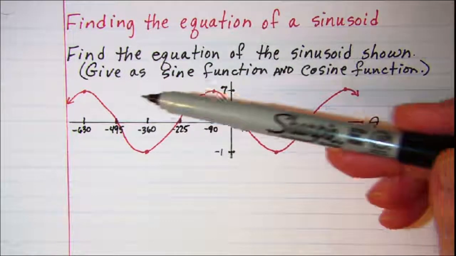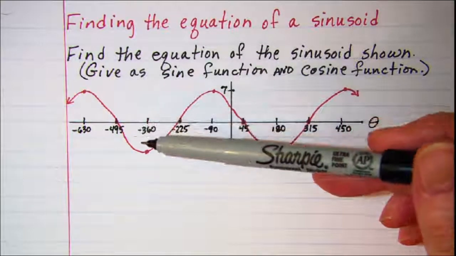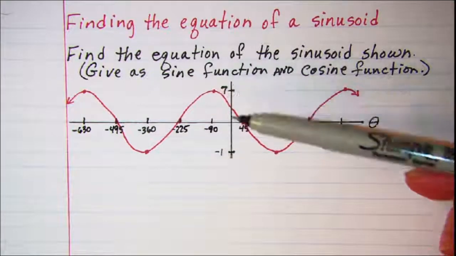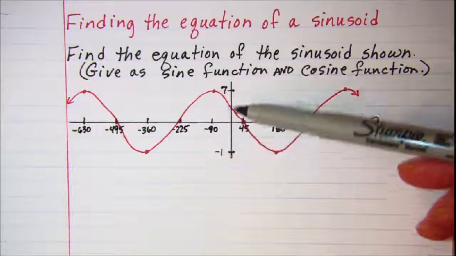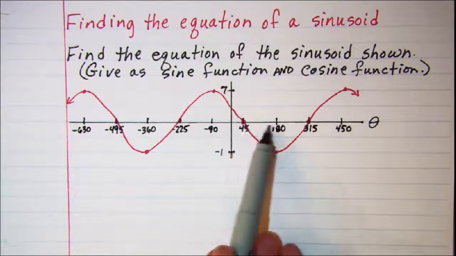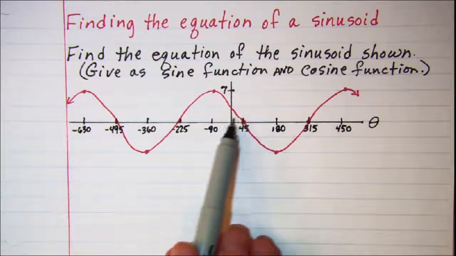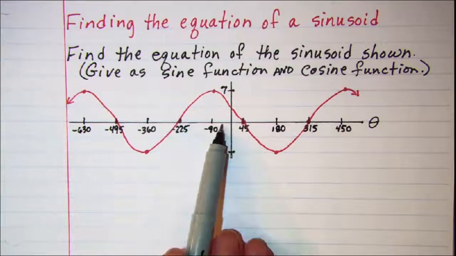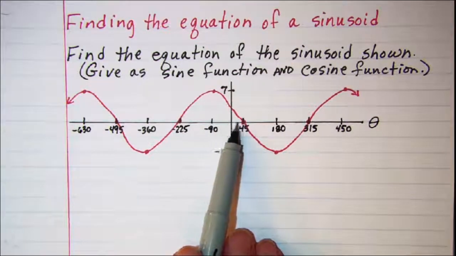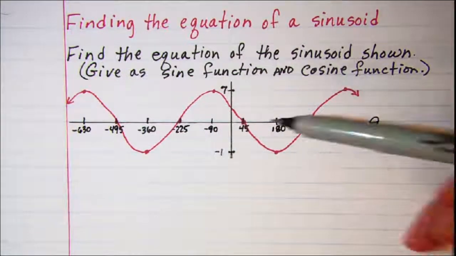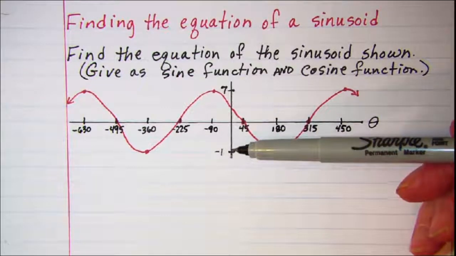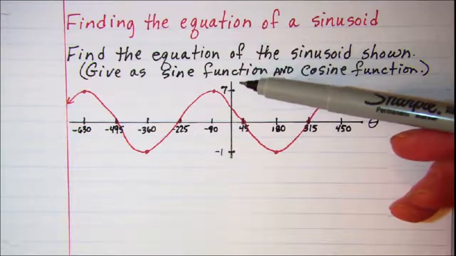We have our sinusoid equally spaced between -1 and 7. Observe that this horizontal line is not the y equals 0 line because it's centered equally between -1 and 7.